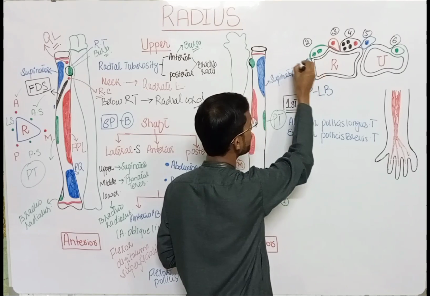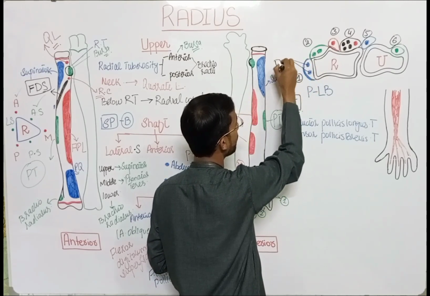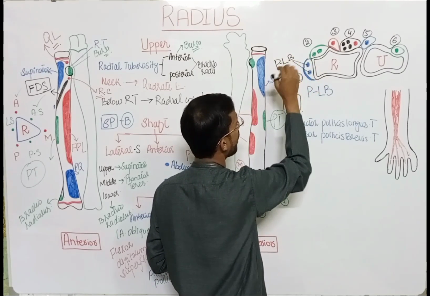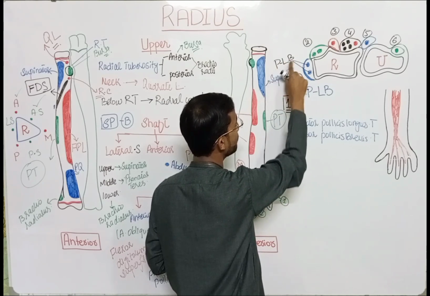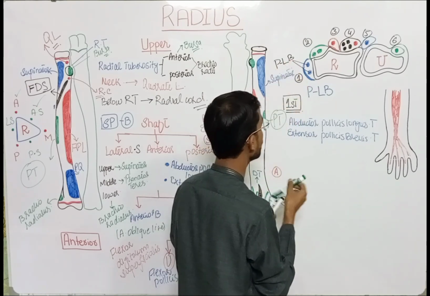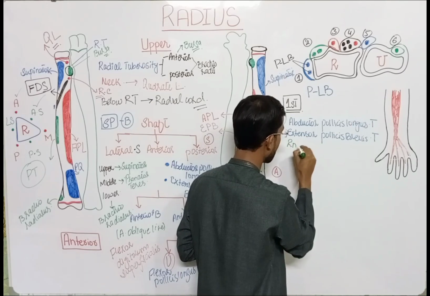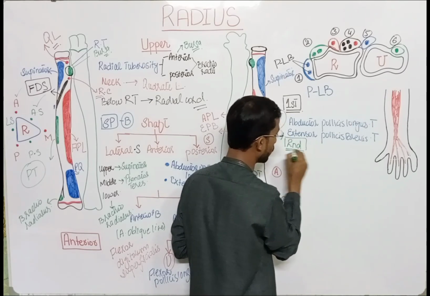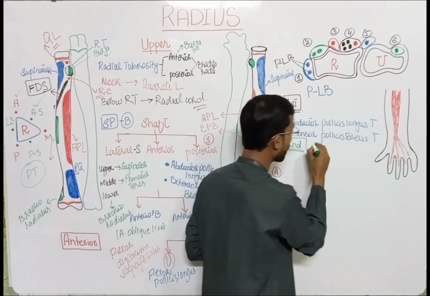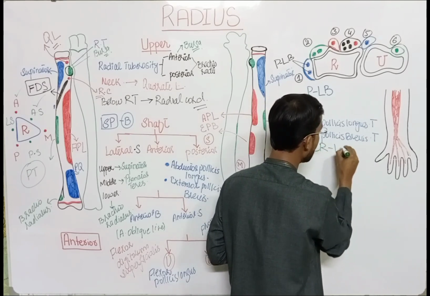Now this is the first compartment. Here you can see these are basically the two things, and you can remember it by the APL, EPB: abductor pollicis longus, extensor pollicis brevis. Second, you will see the second compartment actually contains two tendons. You can remember it by the ECRL, ECRB.